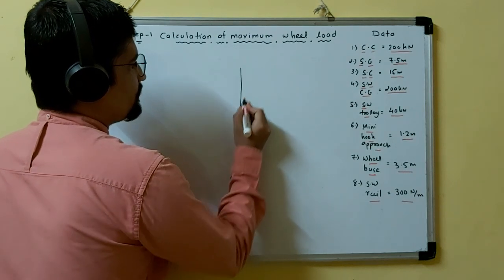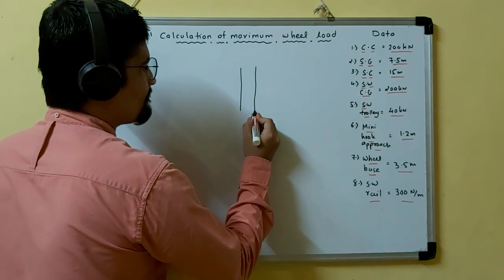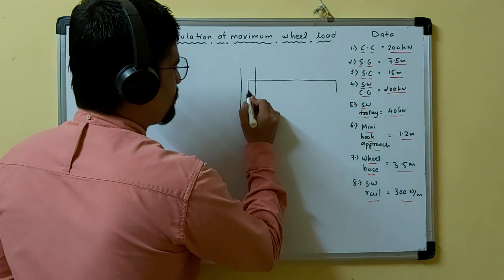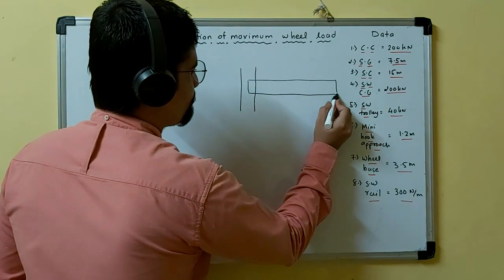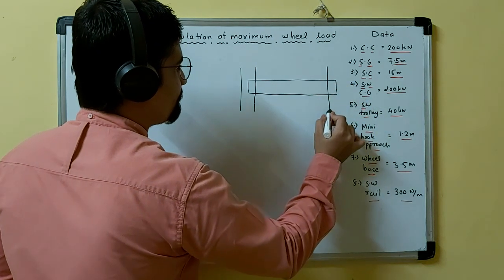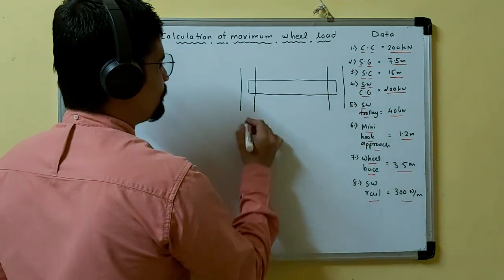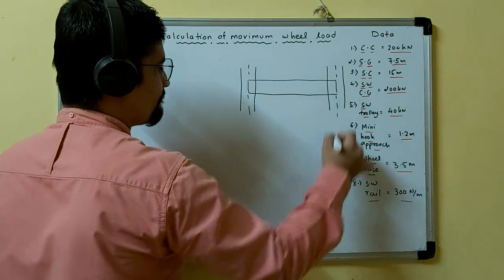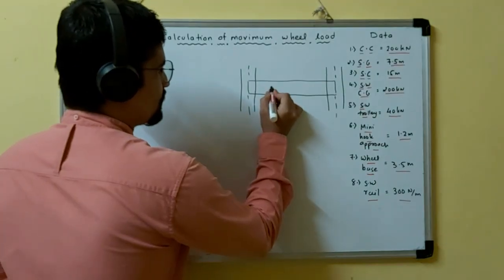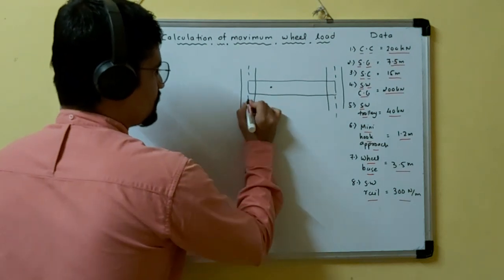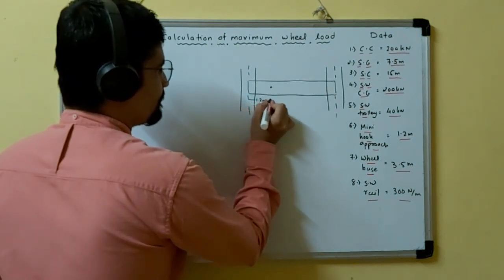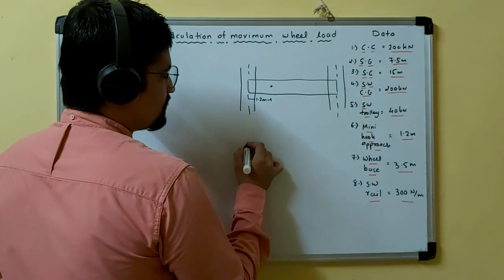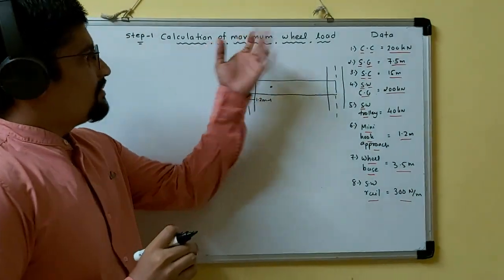this is the 2D figure of the crane girder. Here is the hook. This is 1.2 meter. We have to calculate the maximum wheel load.